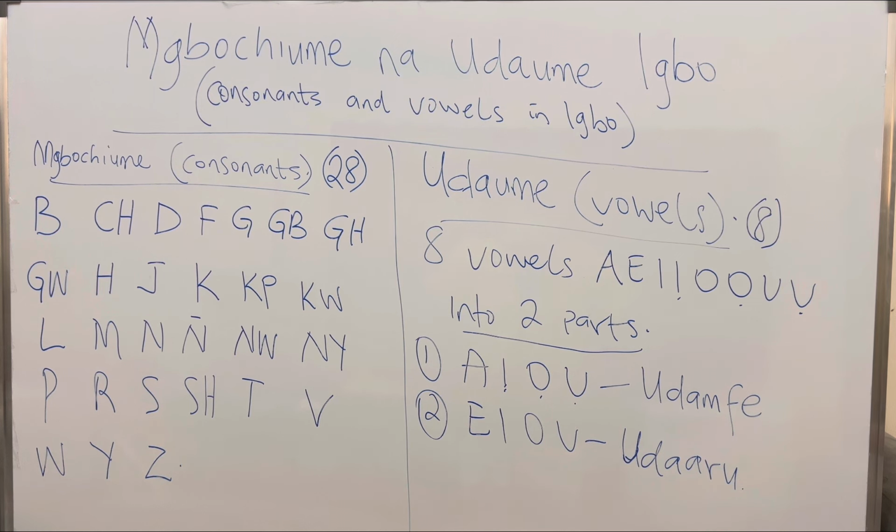So these are the 28 mbochi ume we have in Igbo language.